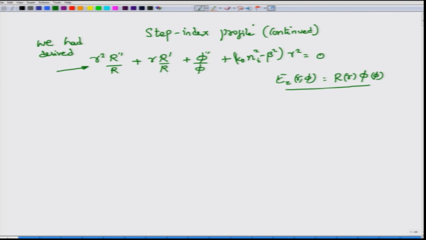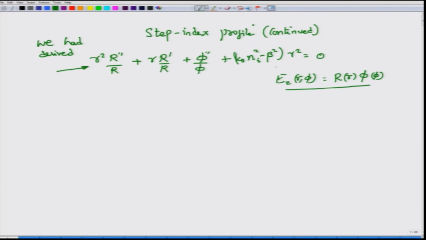In this module, we will first understand what this differential equation is, and what the solutions of this differential equation are. Once we have the solutions, which essentially give us Ez, because Hz also satisfies an equation very similar in form, except maybe for different amplitude constants, the form of the solution would remain the same.